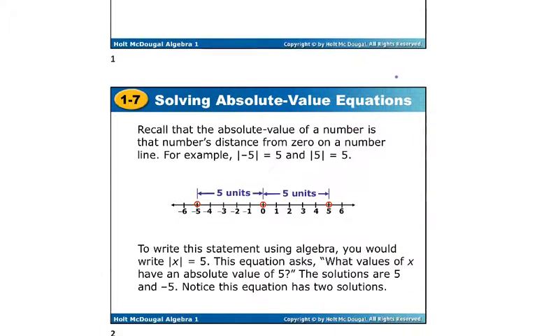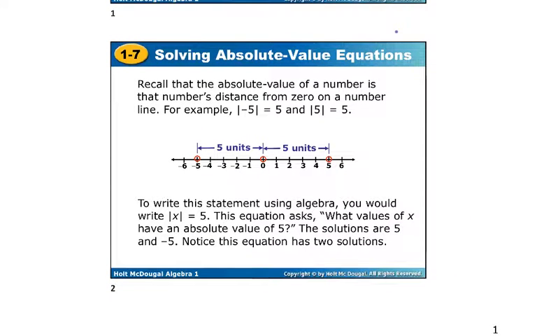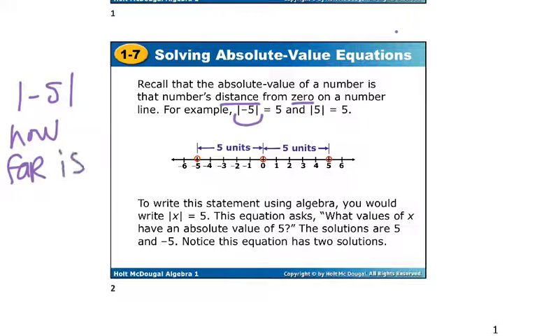We should recall that absolute value of a number is that number's distance from 0. So in that case, if you have this here, the statement is saying how far is -5 from 0.